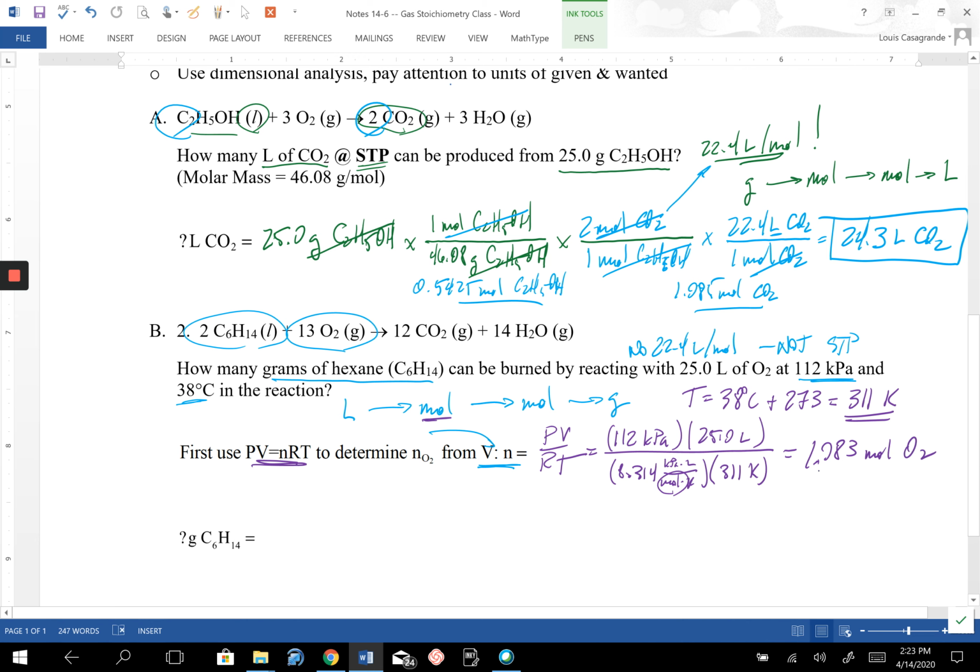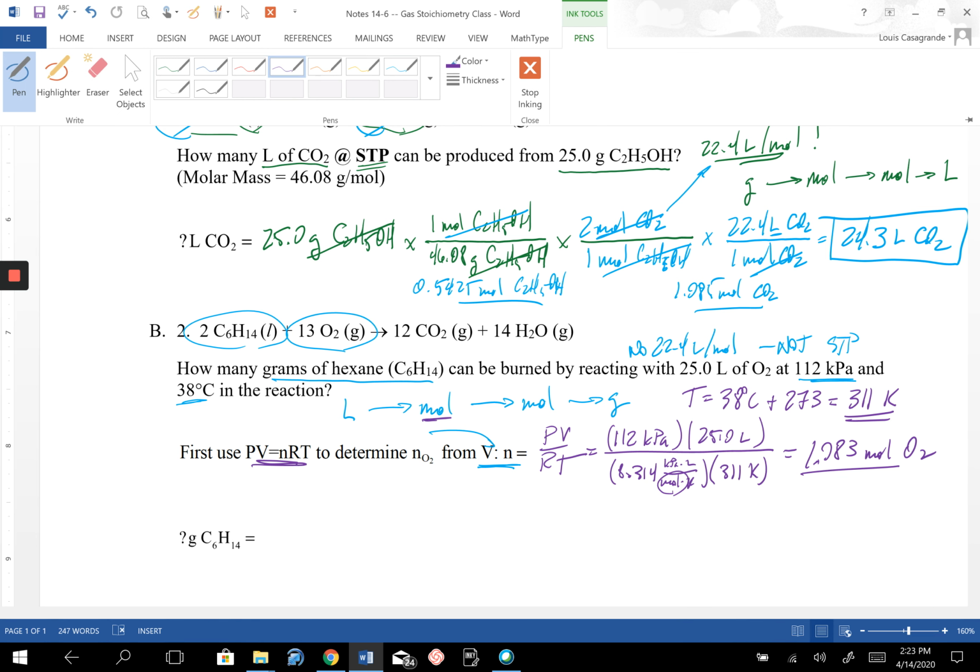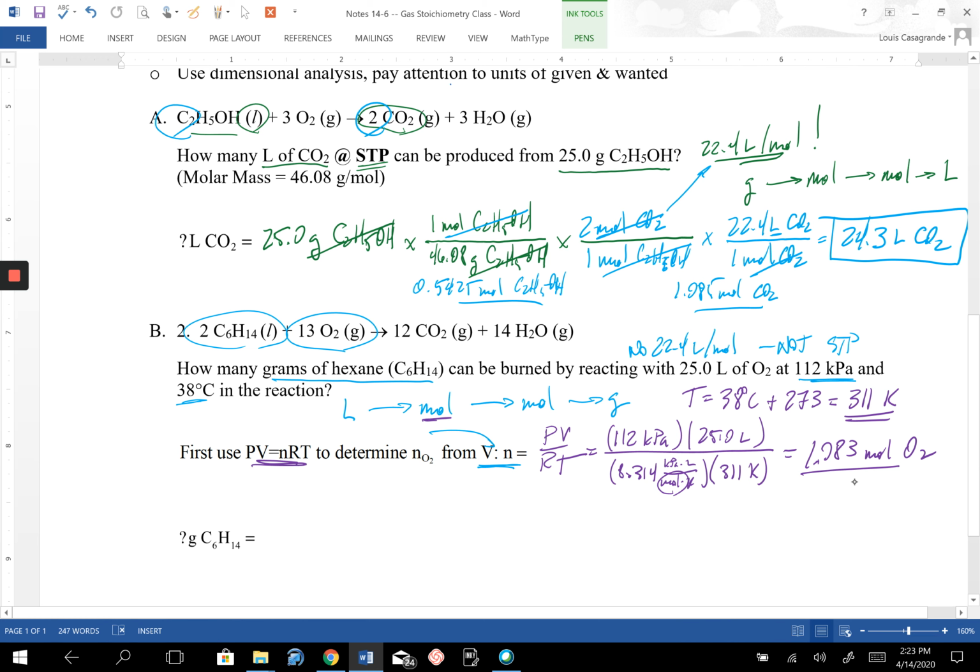All right, now that I've got the moles of oxygen gas, I am able to get up into my stoichiometry. So now I've got the moles. I'm going to start here, and I've got this last part of the stoichiometry to go. I have 1.083 moles of oxygen gas.